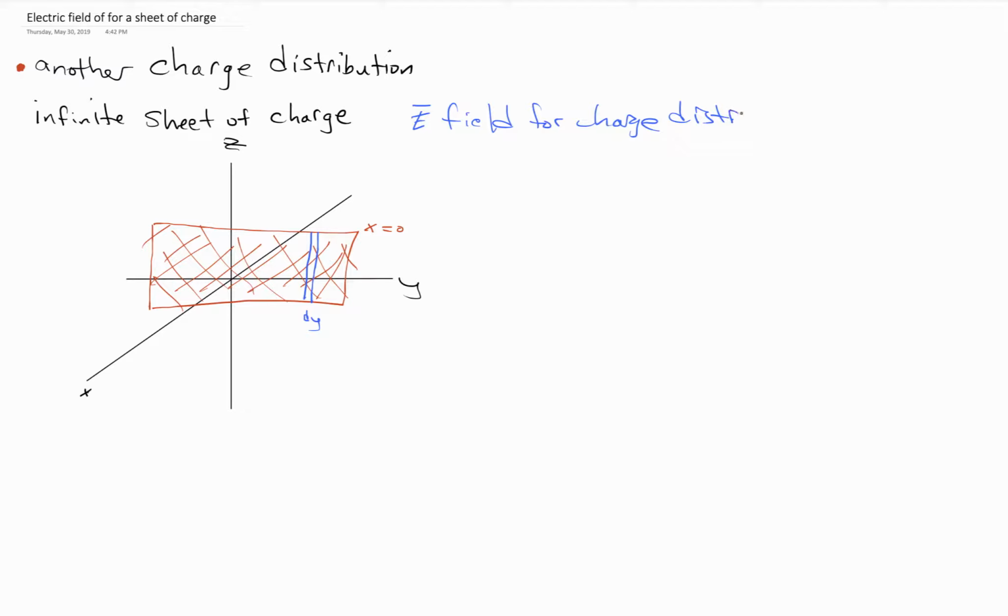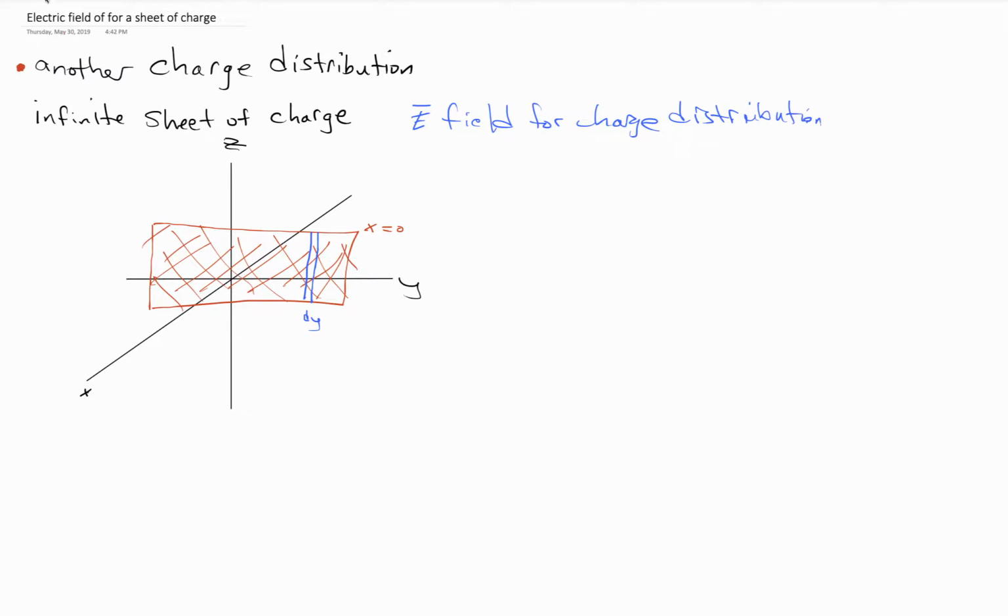And this XYZ and this red rectangle that I've drawn in here is an infinite sheet of charge in the XY plane, located at x equals 0, and it goes infinitely up and infinitely over here and infinitely down. And we want to figure out what is the electric field around this infinite sheet of charge.